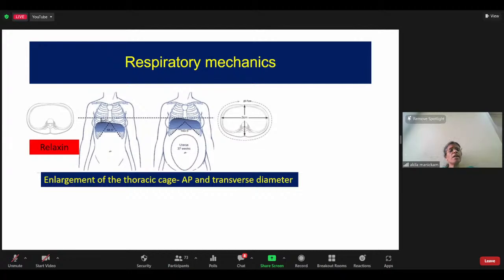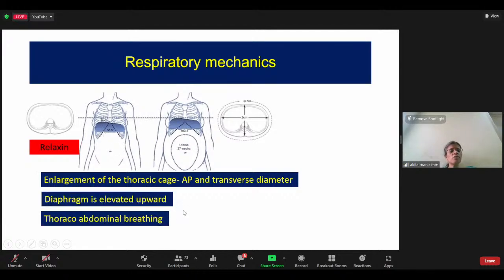So the bucket handle movements are enhanced. One is there is elevation of your diaphragm from below, and the second thing is relaxin relaxes these ligaments, and so the AP and transverse diameters get increased. This is a compensation for the decrease in vertical diameter of the thoracic cage that occurs following the increased pushing of your diaphragm from below.